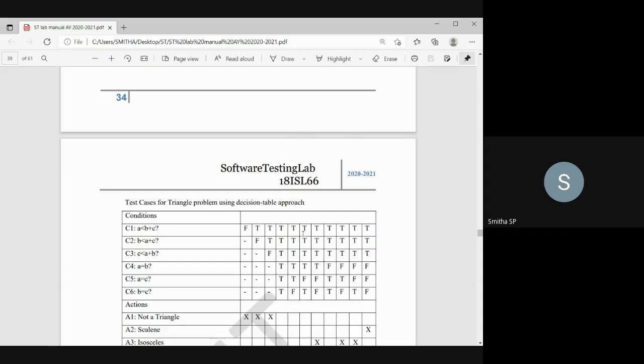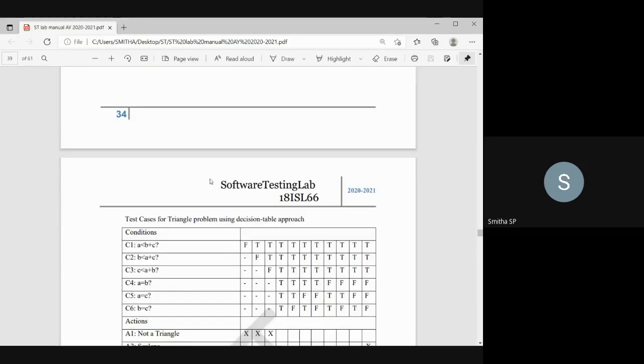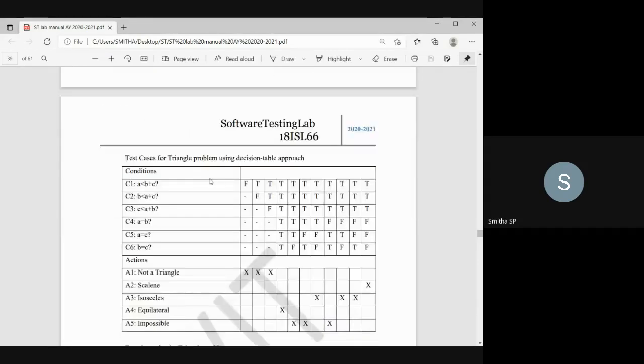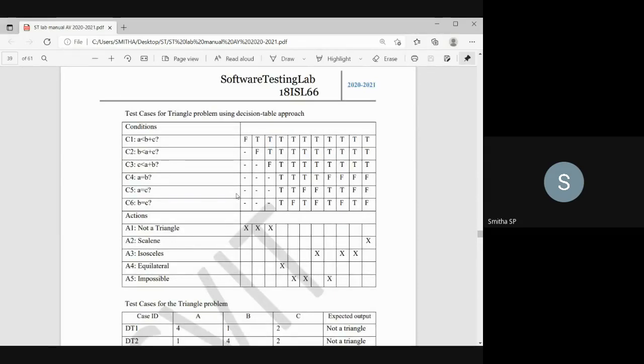I have taken that. And the next thing is coming to the test cases. Yes, test cases for the triangle problem using the decision table approach. Here, the technique you are using is the decision table approach in order to write the test cases for the triangle problem.